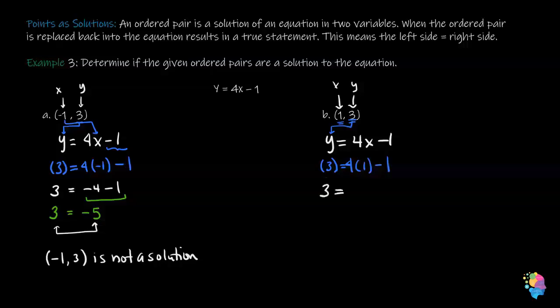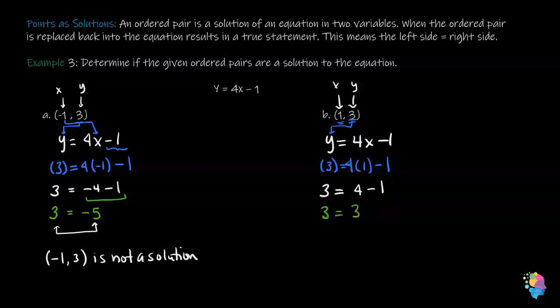Don't lose the equal sign. On the right side, I have 4 times 1. Well, 4 times 1 will be 4. Don't forget to bring down that minus 1. I check again. On the left side, I still have only the 3, so there's nothing for me to simplify. And on the right side, I have 4 minus 1. Well, 4 minus 1 is equal to 3.